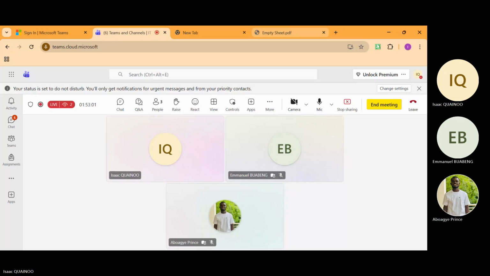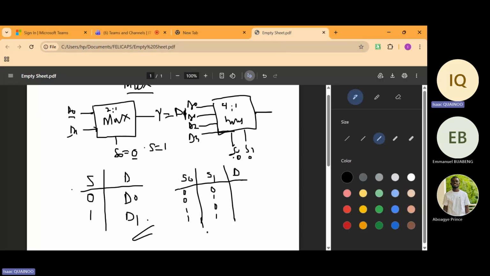Yes, please. All right. So, I was saying that for a 4:1 mux, we have two selectors, which are S0 and S1. We first illustrated with a 2:1 mux that if S0 is 0, then if we convert the binary number 0 to decimal, it is equal to 0.